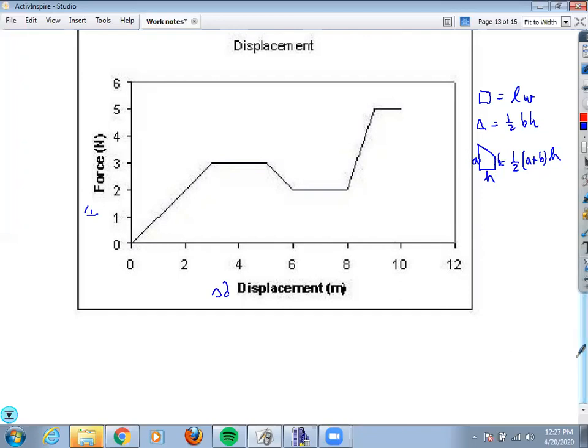So now all we have to do is figure out what our intervals are for the distance, and then calculate it accordingly. Notice that this graph is all above the x-axis, so everything is going to be positive work. The only way it would be negative work would be if the line went below the x-axis.